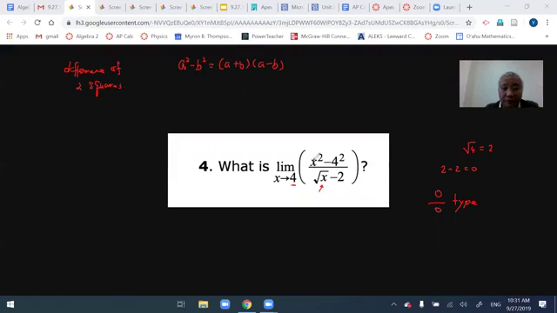And at this moment, the top part, this part, we can write it as what? x plus 4 times x minus 4, right? Because this is just like an a, this one just like the b. So a squared minus b squared equals a plus b, a minus b, like this.